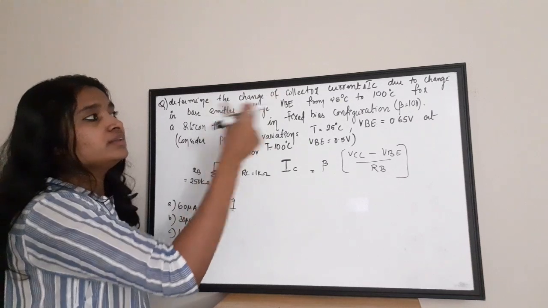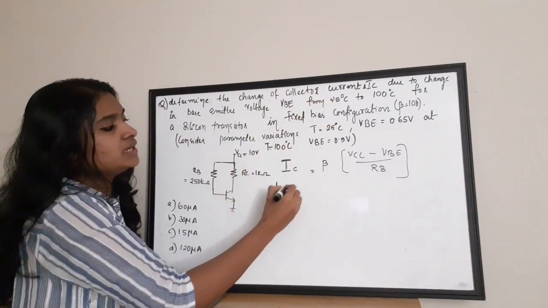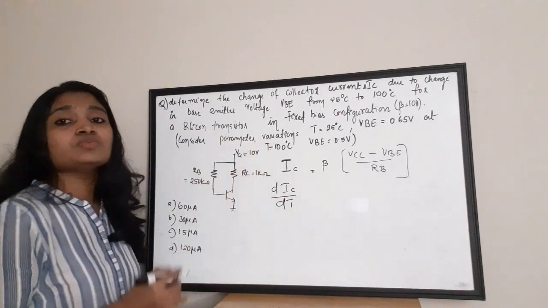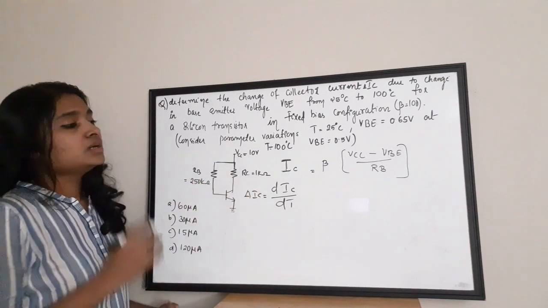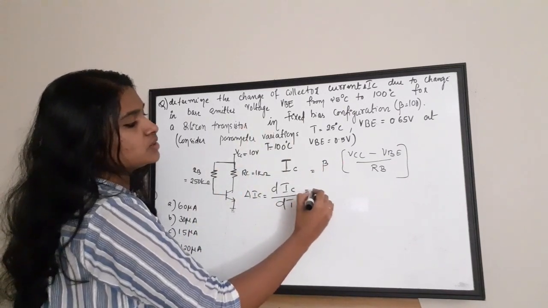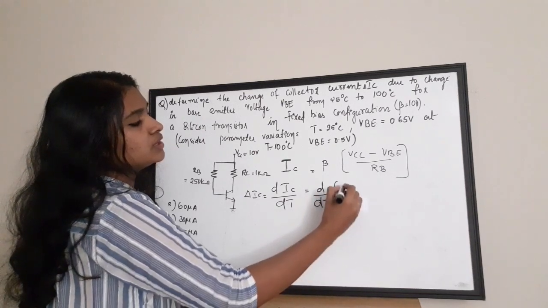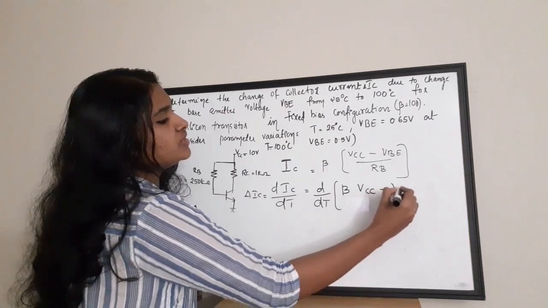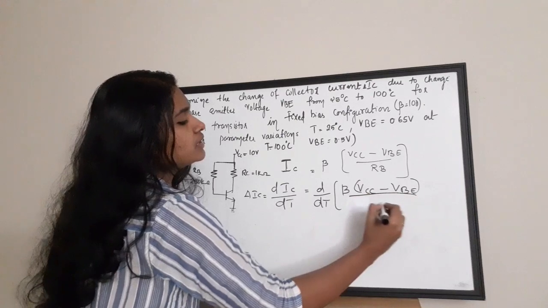So we need to find dIC by dT, which is our delta IC. Applying the differential to the equation, it is equal to d by dT of beta into VCC minus VBE, in brackets, by RB.